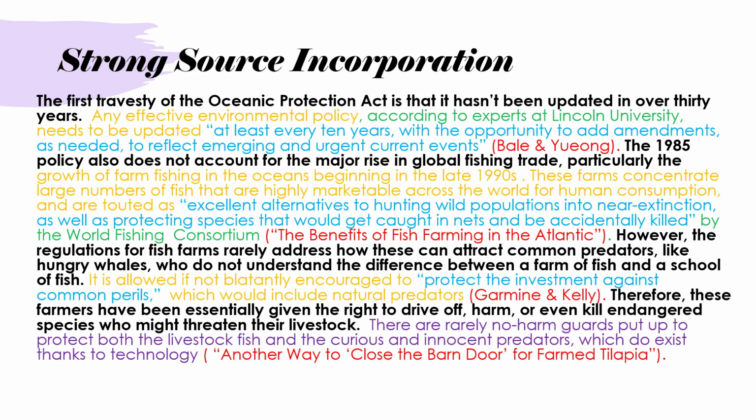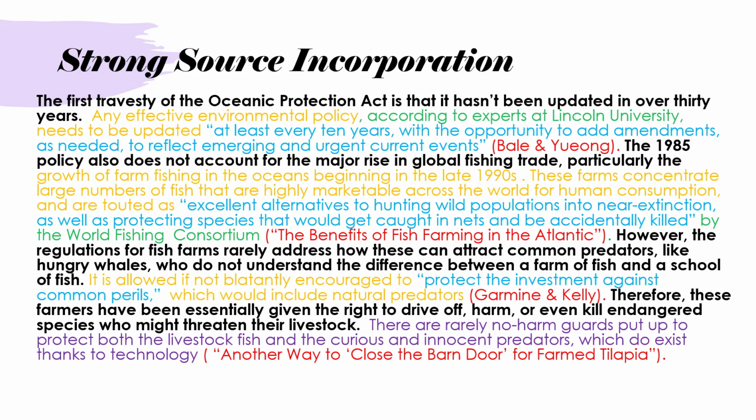We could paraphrase it, but because of how we are setting up these whales as something that needs to be protected, and they're not being protected because of this outdated Protection Act, then showing how the fish farms are being protected against common perils, well, these common perils are like endangered whales.